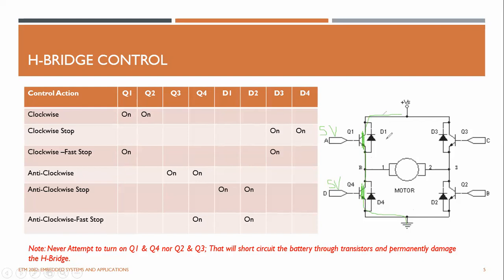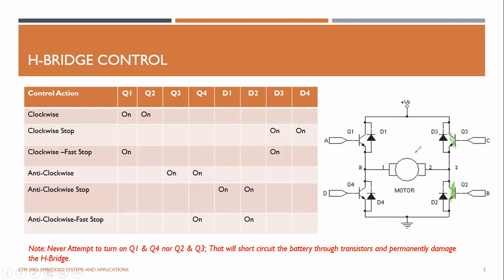That will allow a large short circuit current to flow through these transistors, and that will destroy these two transistors, and you can't use the H bridge again, right? And the same thing happens when you turn on these two transistors at the same time.